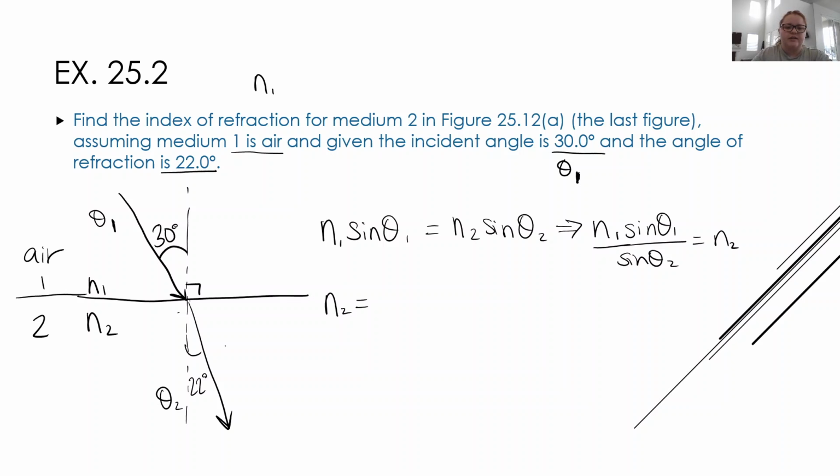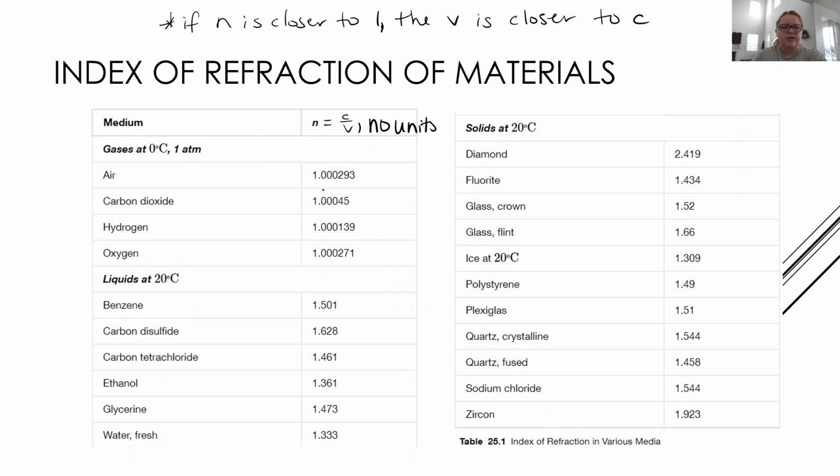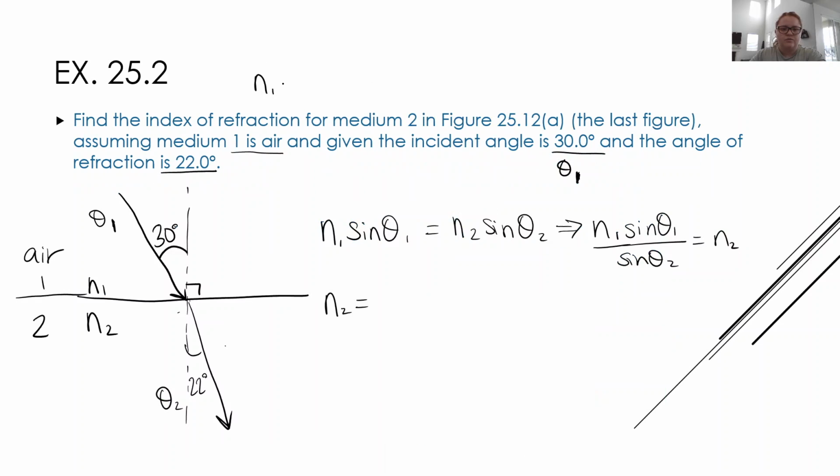So let's look that up. What is n1 for air? That is 1.000293.